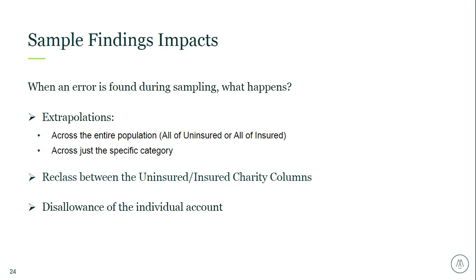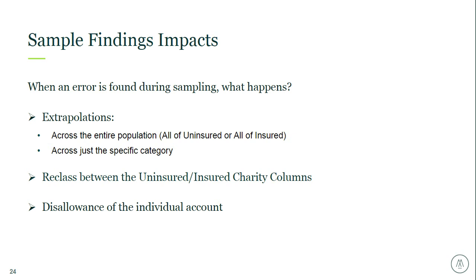Depending on a number of categories the auditors select, they may choose to extrapolate across the specific category in which the error was found, or they may choose to extrapolate across the entire population. Now, there are some auditors that have found that if a population of sampling has been deemed to be insured or uninsured, the auditors can choose to reclass those between the 2 columns of charity, depending on what their findings are.